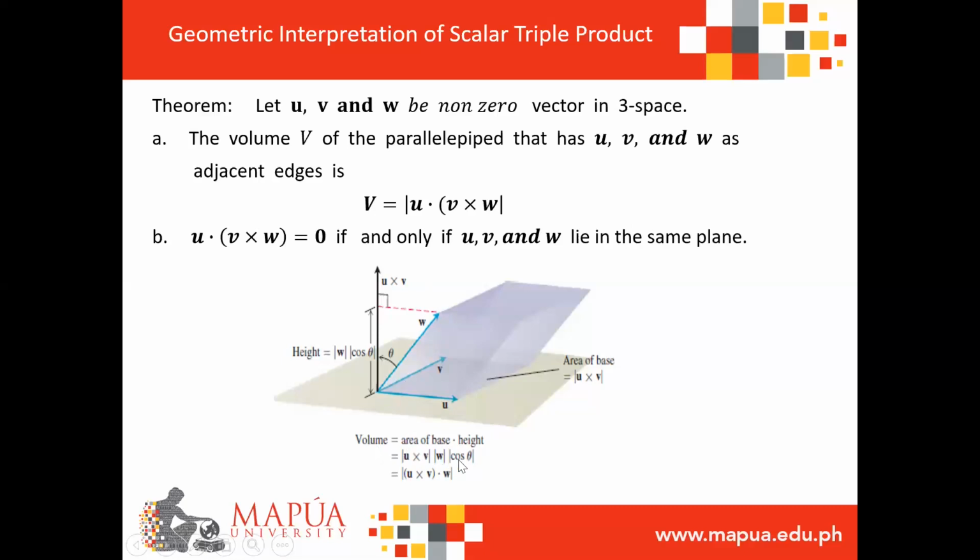Then the height is the magnitude of w times the absolute value of cosine theta. So with that, the volume is equal to the absolute value of the scalar triple product, denoted by u cross v dot w.